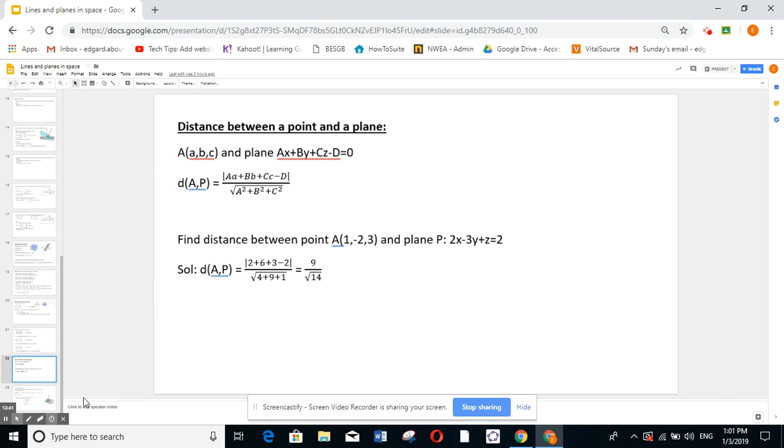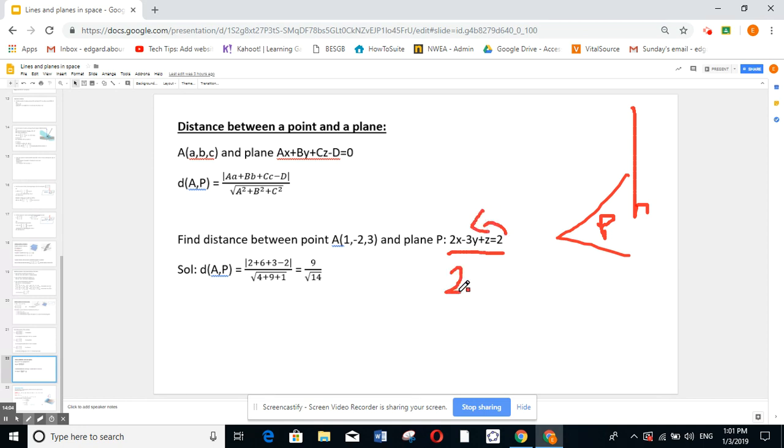This is between a point and a plane. In the book, you're going to see something more complicated, but I'm going to give you a very simple way you can use. If you want to find the distance from a point to a plane P, you draw the perpendicular. To find that distance, let us take an example. You take the plane, equate it to 0, and bring this 2 here.